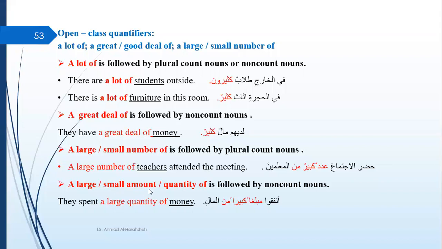A large or small amount or quantity of is followed by non-count nouns. They spent a large quantity of money. Since I am talking about an amount, I am talking about non-count nouns.